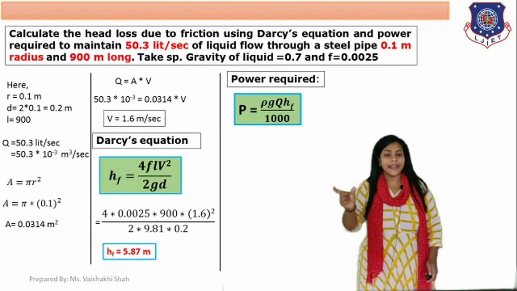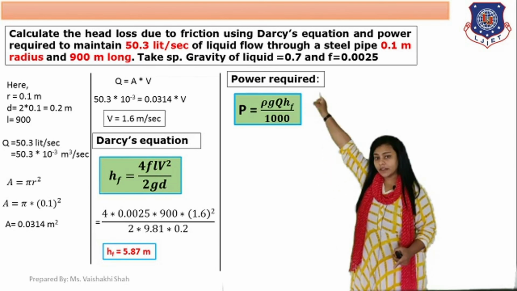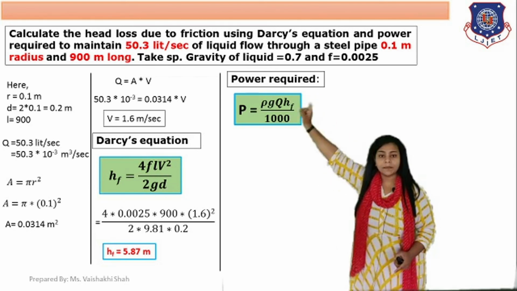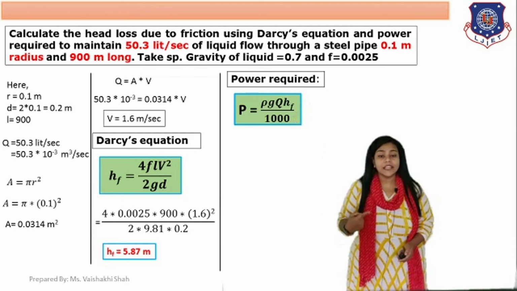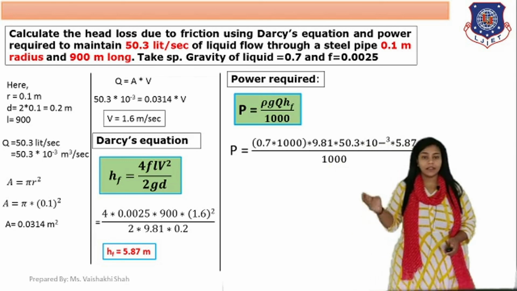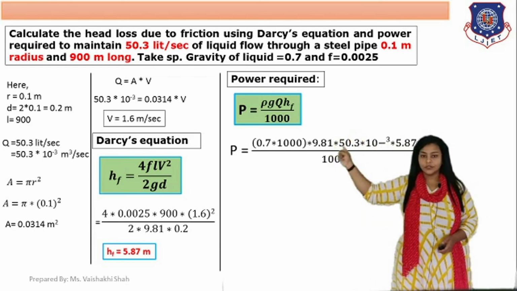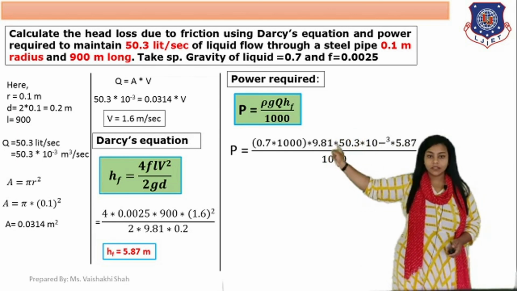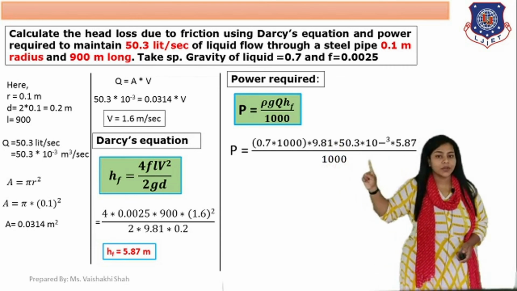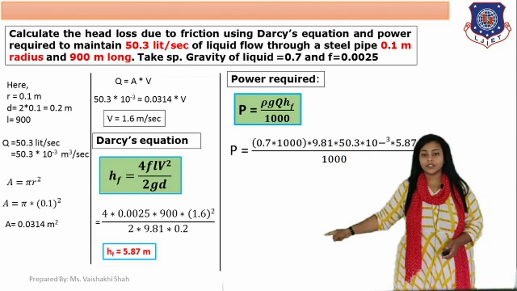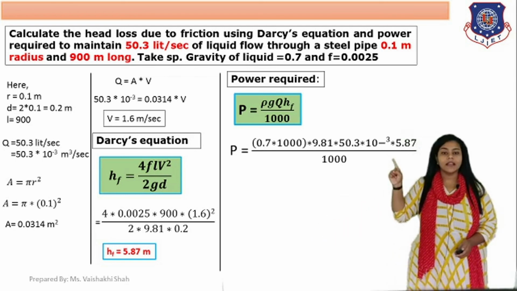So, rho, density. Here specific gravity is given, 0.7. So density rho equals 0.7 into 1000. G is 9.81. Q is 50.3 into 10 raised to minus 3, into HF, which we found, 5.87, divided by 1000.